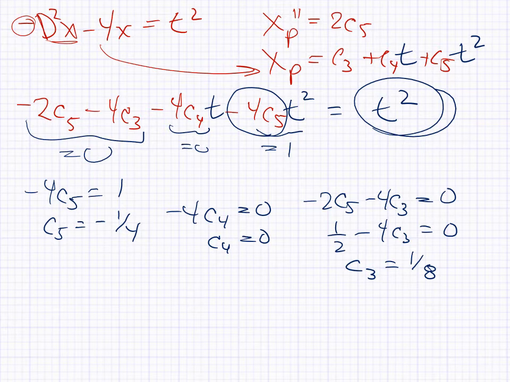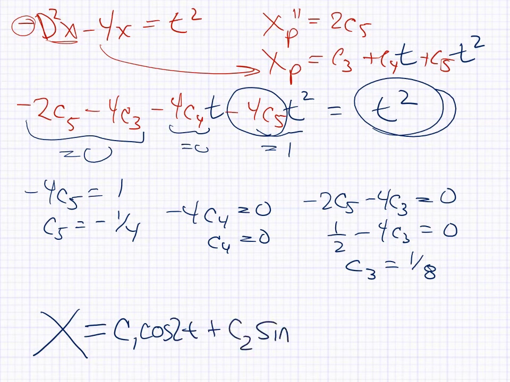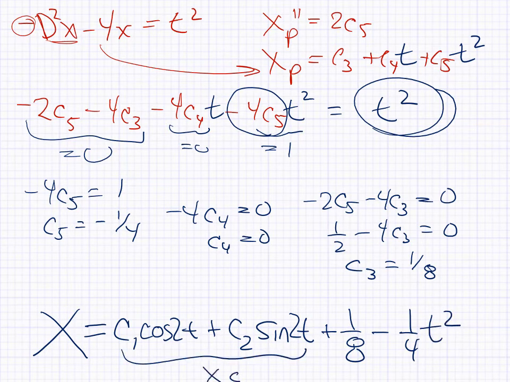So that tells me that x is going to have to be c1 cosine 2t plus c2 sine 2t plus 1/8 minus 1/4 t squared. X sub c, x sub p.